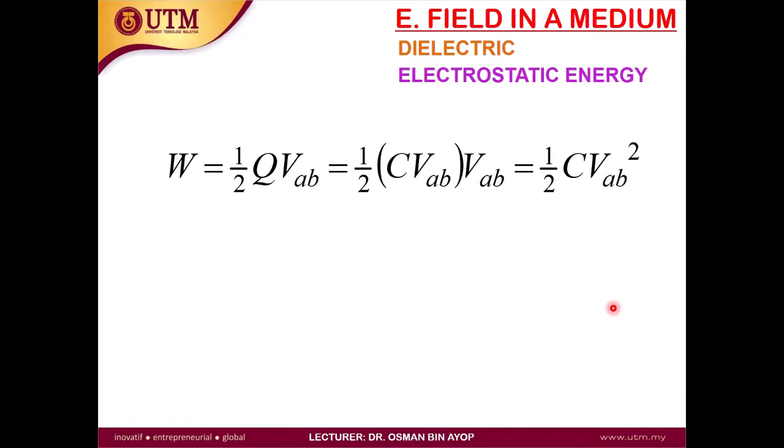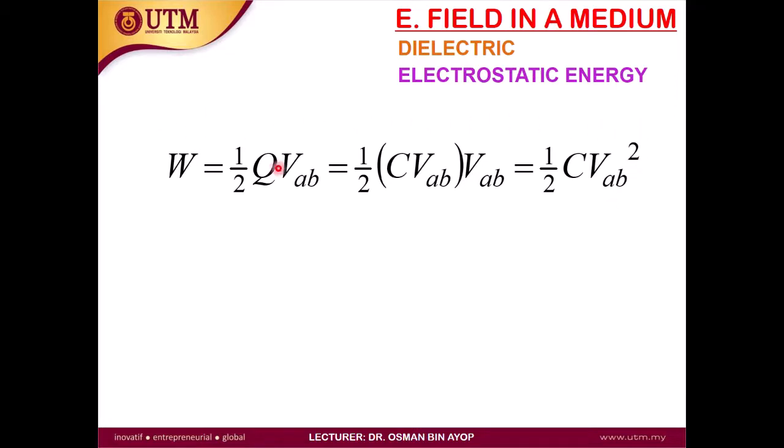We know that a capacitor can store energy. To determine the energy stored by the capacitor, we can use this formula: W equals 1 over 2 Q VAB, and we can further expand Q into C VAB, and finally we get this expression, energy equals 1 over 2 C VAB squared.